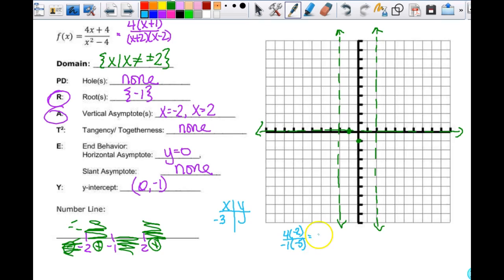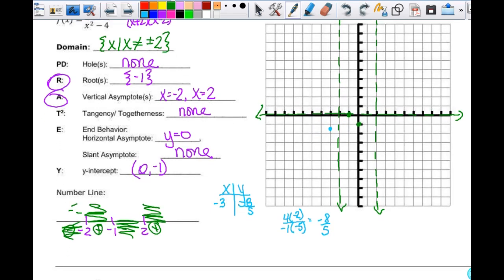So it's going to give me -8/5, which is -1 3/5, something that we could graph here. So -3, -1 3/5, somewhere right about there.